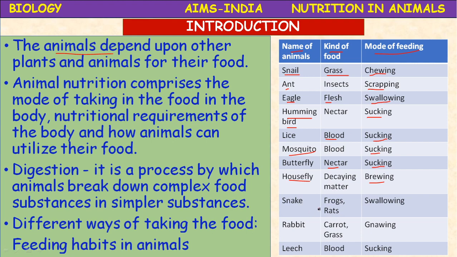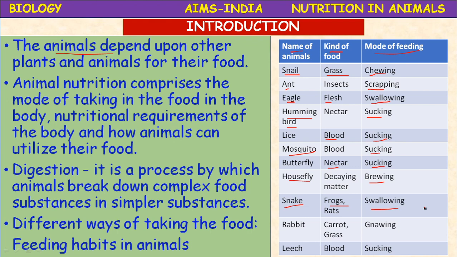That method is called sponging. Snake. Snake is a carnivore. It feeds on frogs, rats and other small animals. So the method is swallowing. After swallowing, it twists its body so that the food material gets broken down into pieces inside the body.